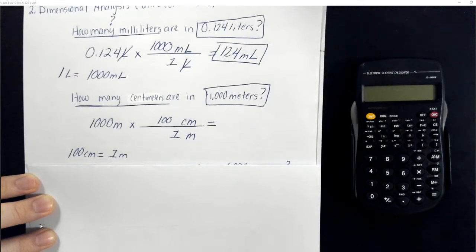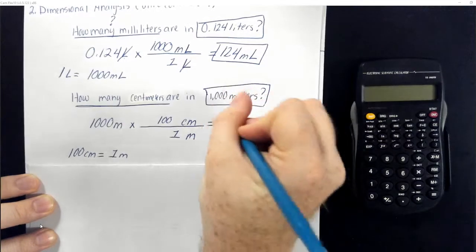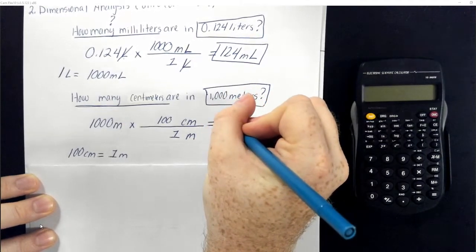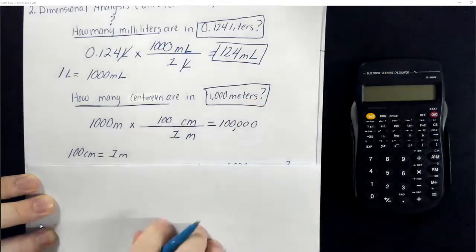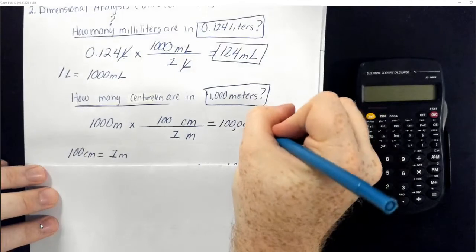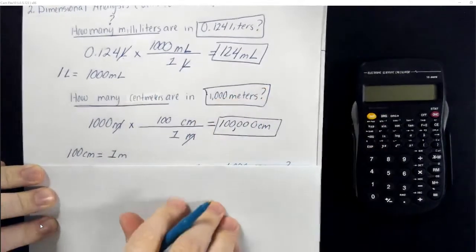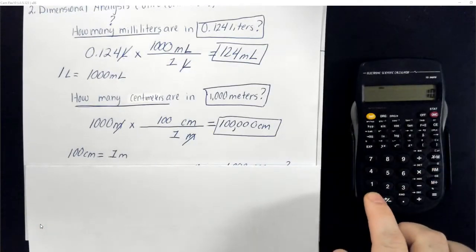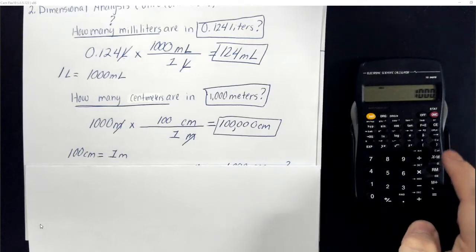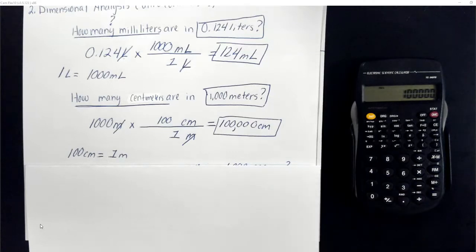Now all you need to do is plug it into your calculator, or just realize you can tag on 2 extra zeros at the end there, because 1,000 times 100 is 100,000 centimeters. For those of you that absolutely need to see it in your calculator, I'll go ahead and do it. You have 100,000.